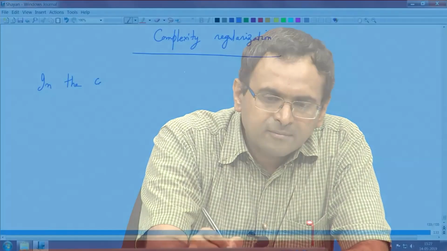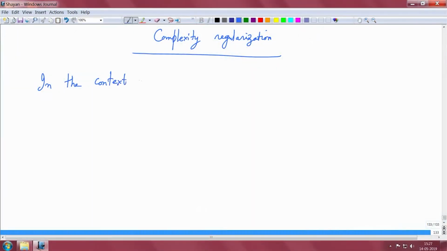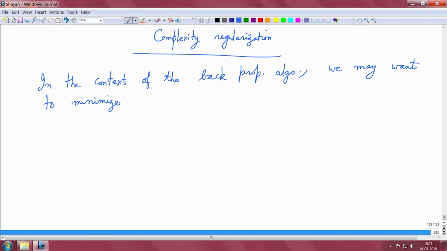Now, in the context of the back propagation algorithm, we may want to minimize the following risk function.